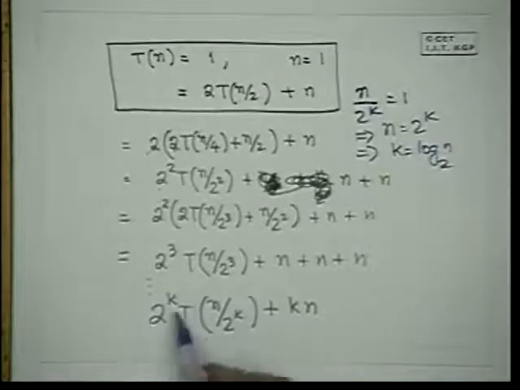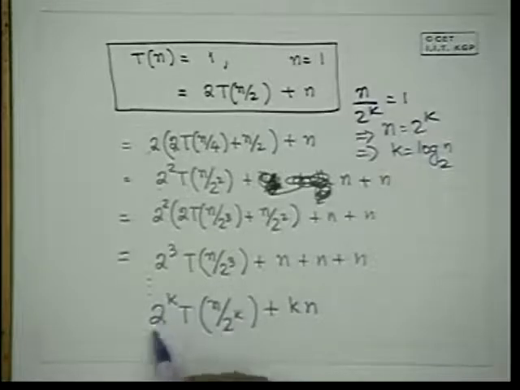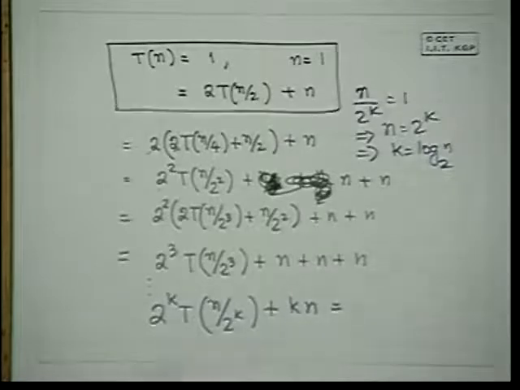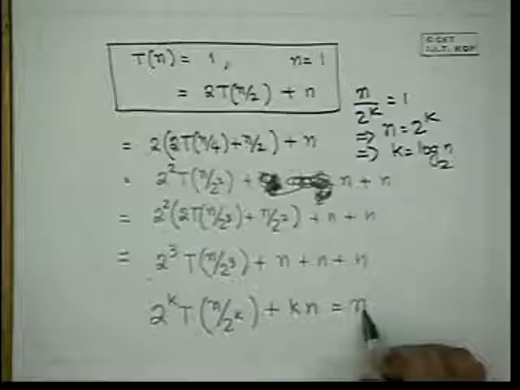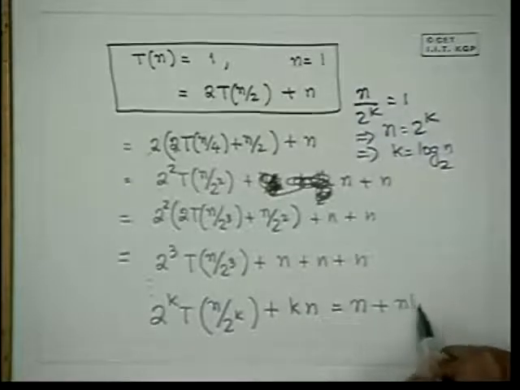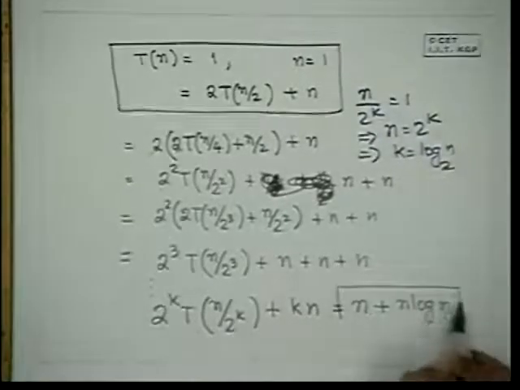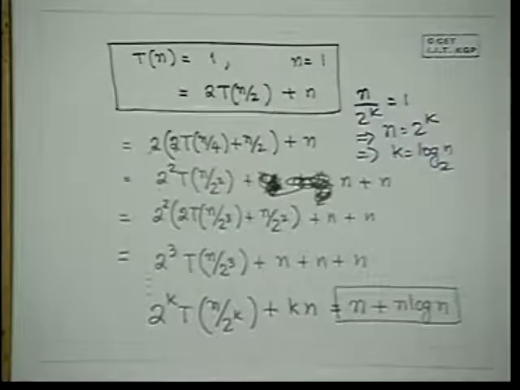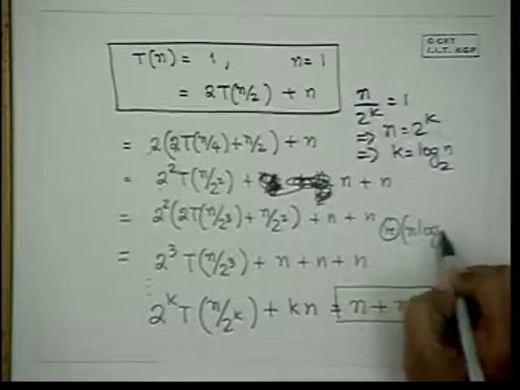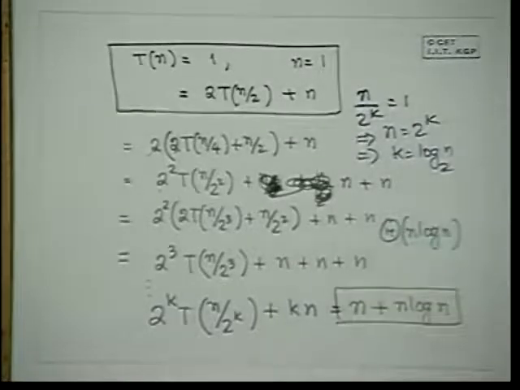At that point of time, this is 1, 2^k is n, so this becomes n into 1 plus n log n, which makes it order n log n. So now if we split in half, we have got n log n. If we split 1, n minus 1, we get n squared.